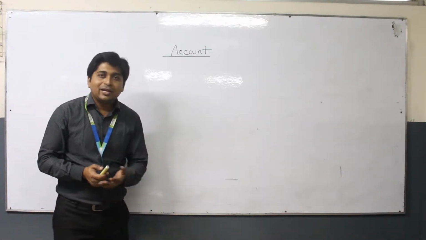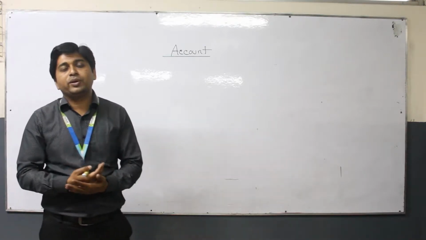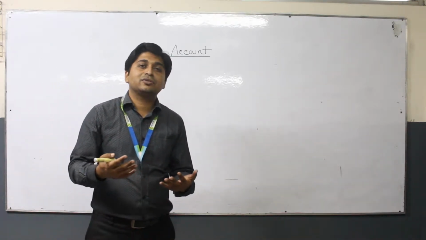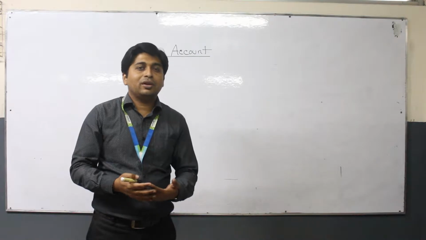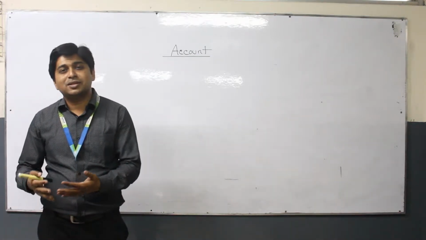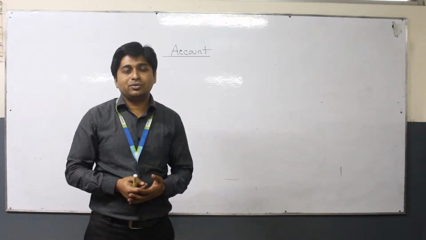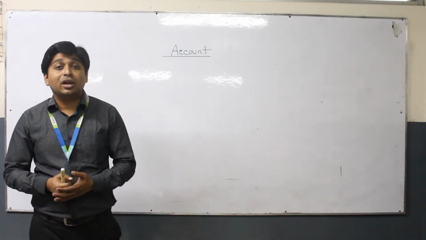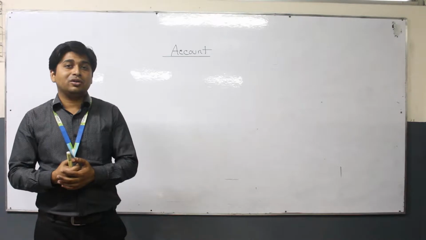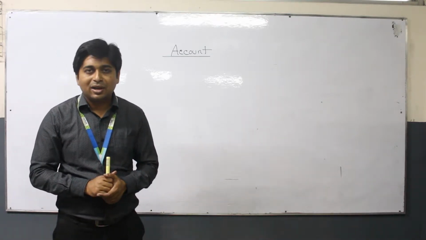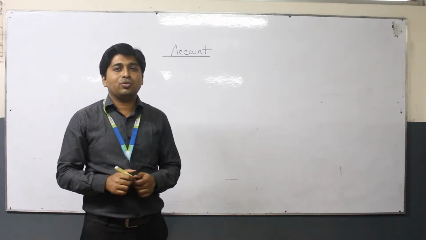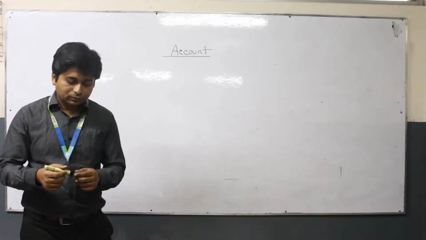Liabilities like account payable, note payable, salaries payable are also separate accounts. And any kind of revenue, expense, capital or drawings are also separate accounts. So an account is the record of increase or decrease in any specific asset, liability or owner's equity item.